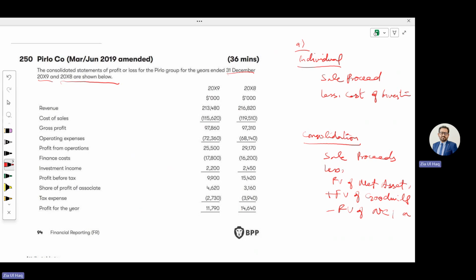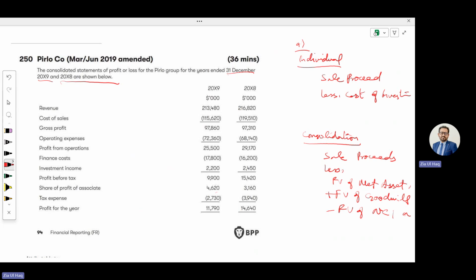Operating expenses increased, profit from operations decreased. Finance cost increased slightly, investment income decreased slightly, profit before tax decreased. Share of profit of associate is this one, tax expense decreased, and profit for the year decreased.